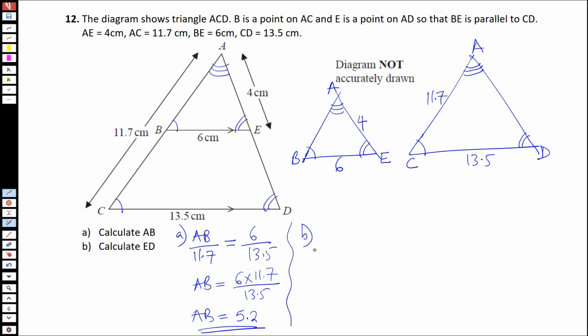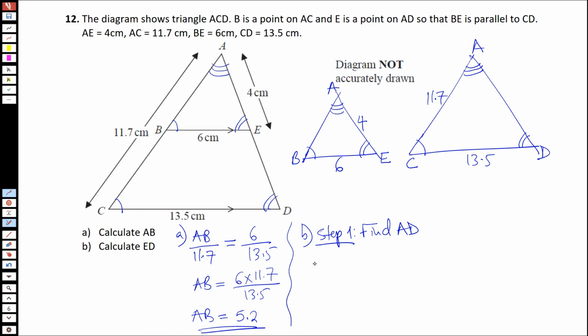All right, part B, they want ED. ED is this one. Now we'll have to work out this question in 2 steps. Step 1, we can start by finding AD, and then once you find AD, we can subtract 4 from that to find ED. So step 1, let's start by finding AD. To find AD, we go back to our 2 triangles here.